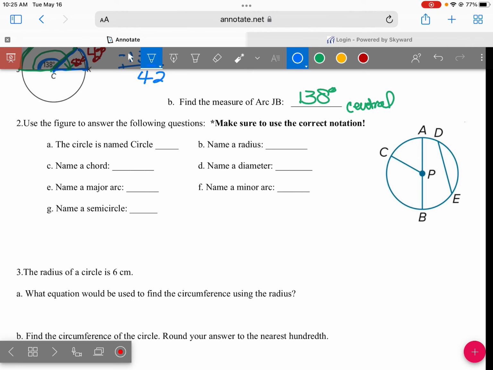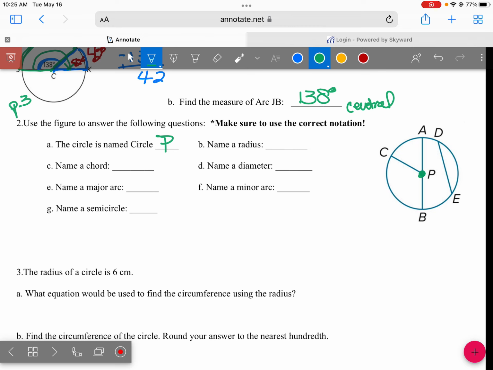People are asking, I'm answering what you're asking for. So this circle is named circle P. You always look at the center of the circle, and that's how you name it.